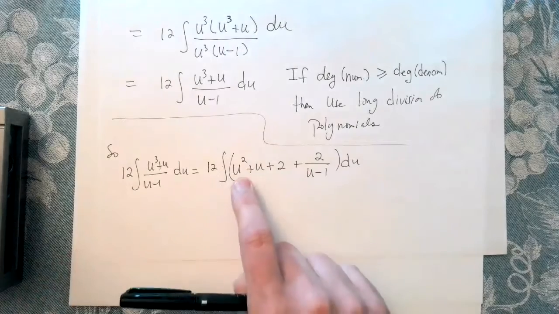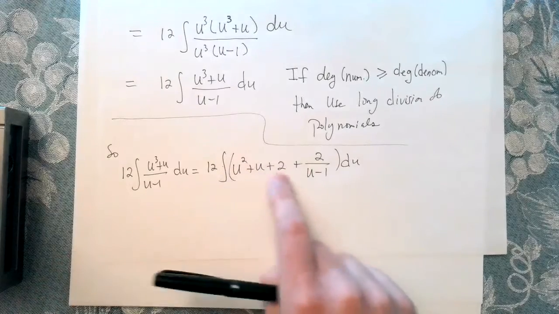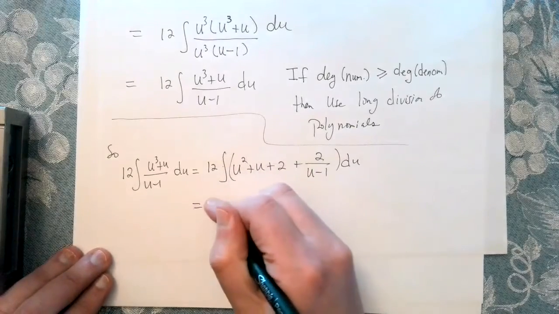Okay, no problem here. Classic, right? Power rules and then a natural log. So yeah, not too bad.